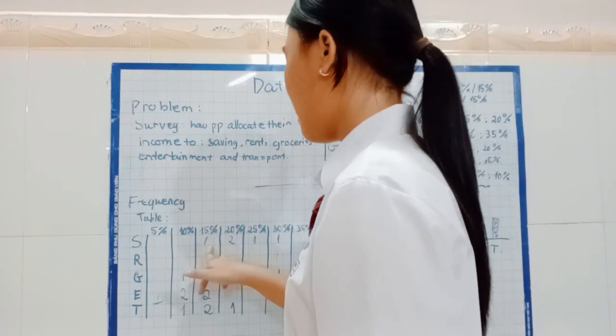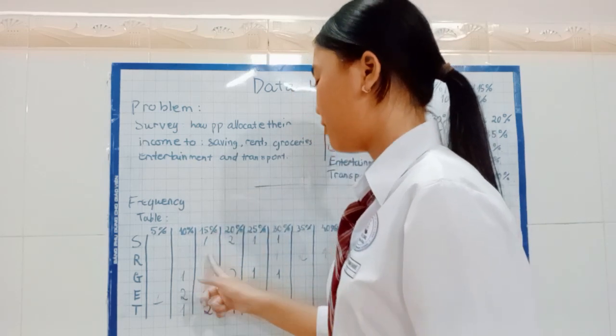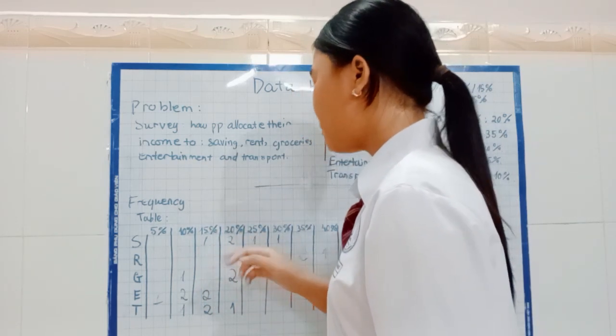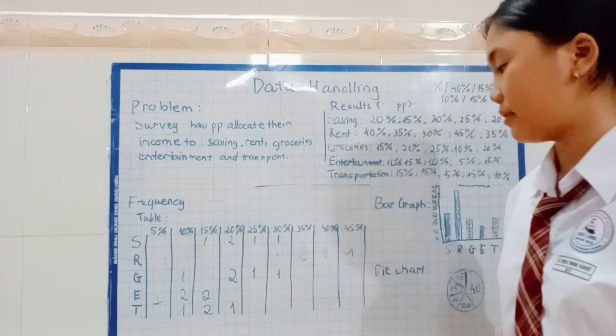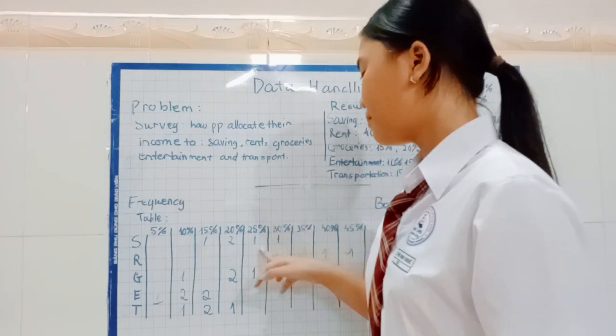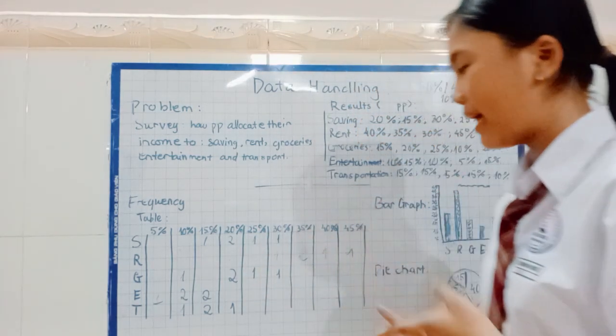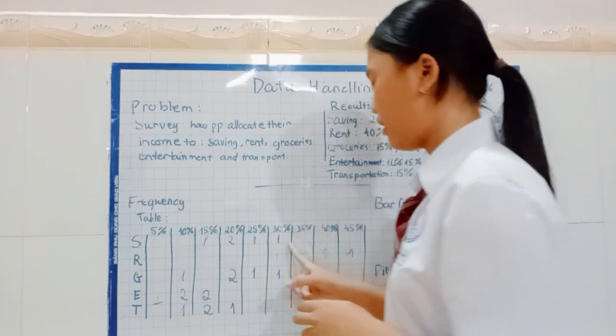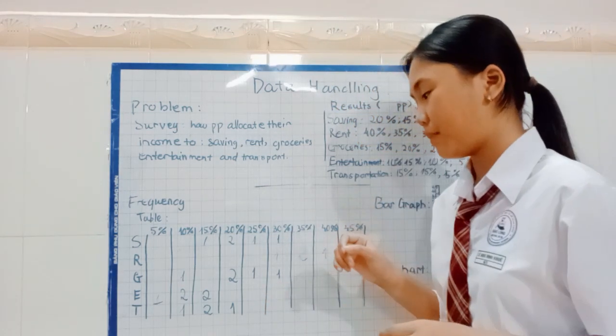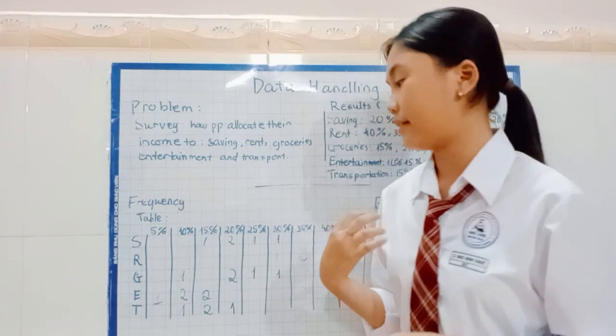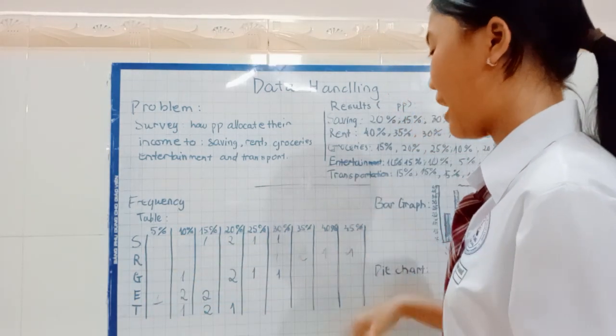We can see that 1 person spends 50% on their savings, 2 people spend 20%, 1 person spends 25%, and 1 person spends 30% on savings. The same thing happens with the others.